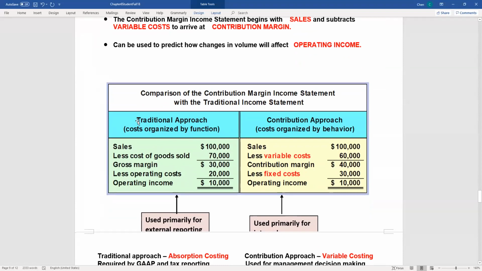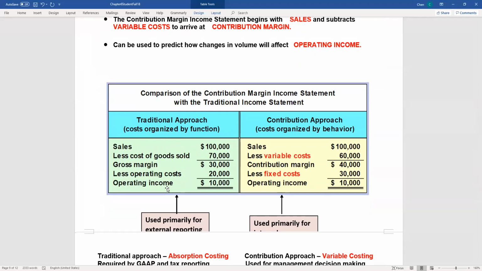The left column is the traditional approach income statement. We start with sales and less cost of goods sold. Then we have gross margin, and then we do operating costs, and we have operating income. We have been doing this for a long time.